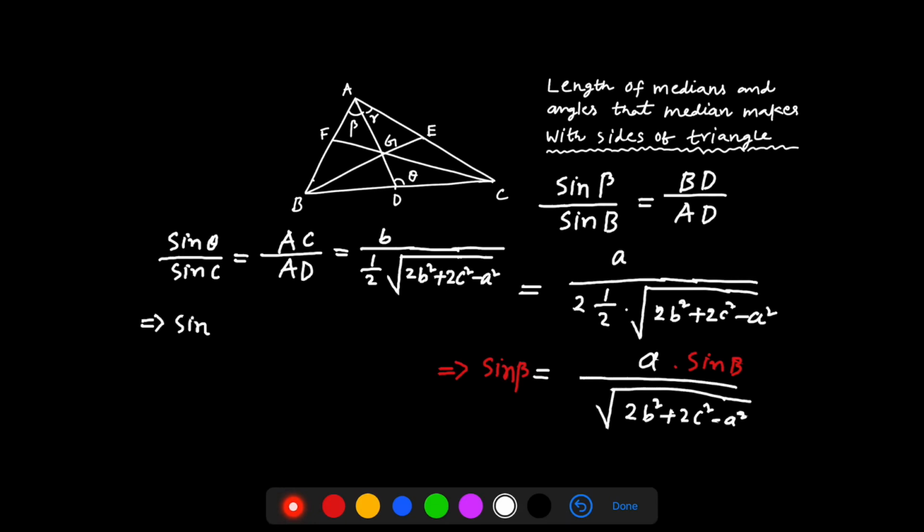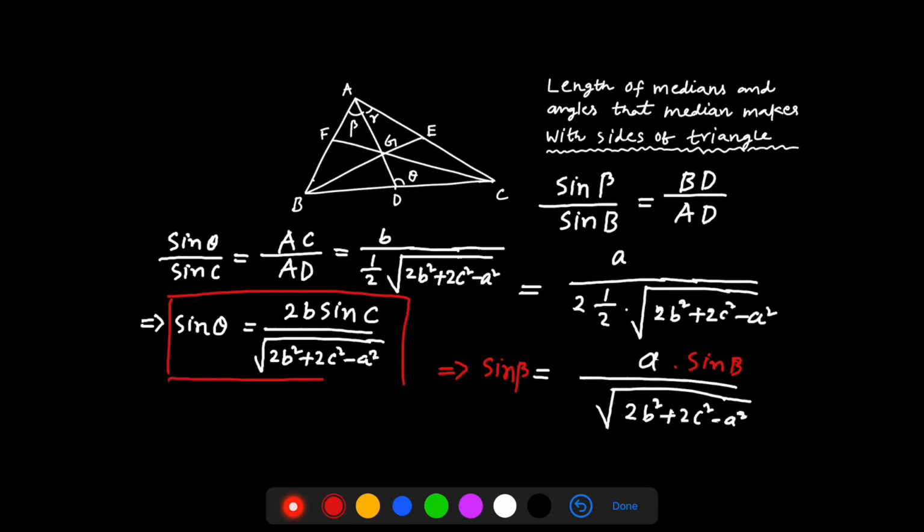So from here sin theta is 2b sin C by root over 2b square plus 2c square minus a square. So this is sin theta, this is sin beta.